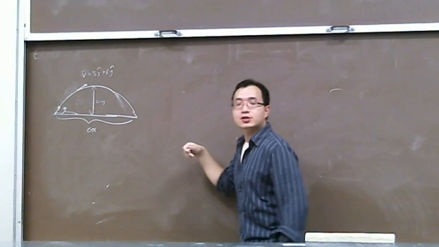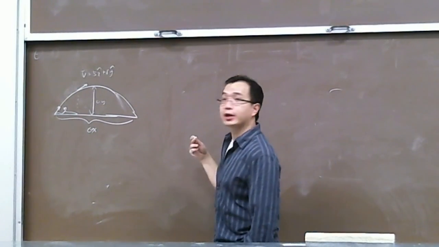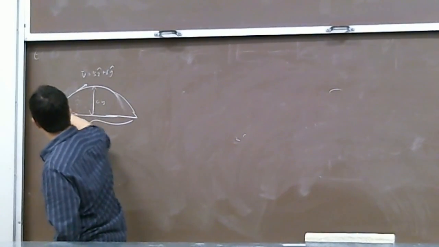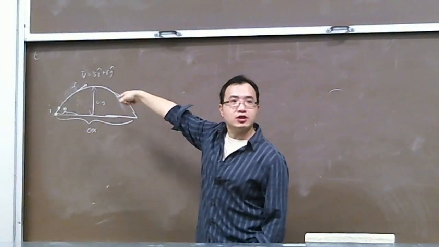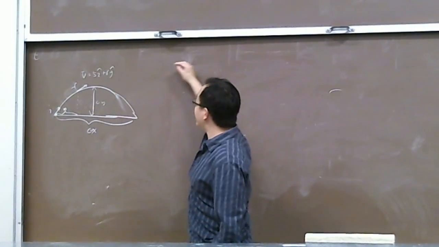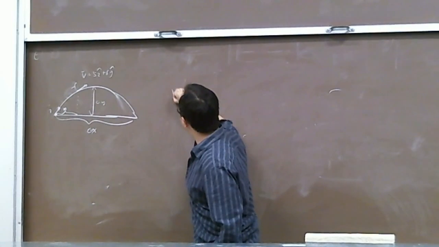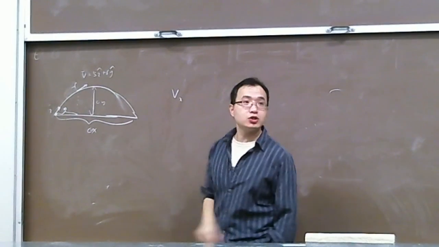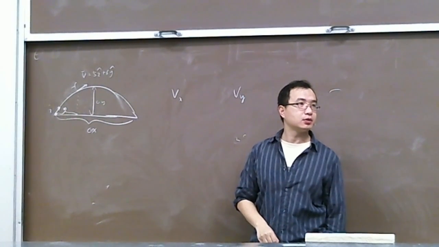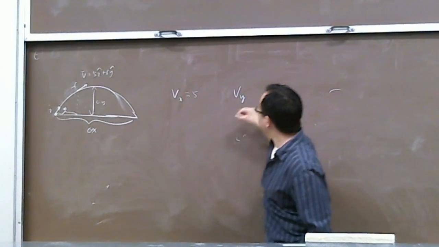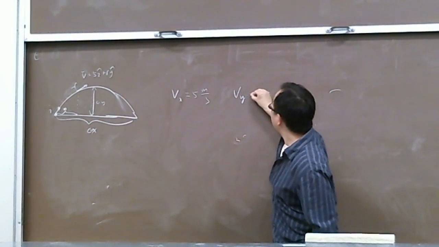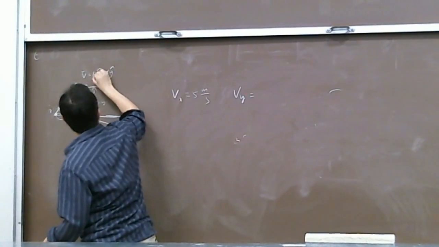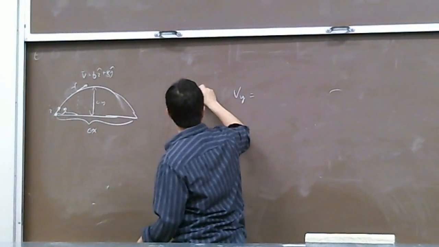For the first part, the known and unknown quantities can be identified like this. If you consider the motion from here to here, this is initial and this is final. We know the final velocity for both the x and y components: Vx equals 5 meters per second, and Vy equals 6 meters per second.